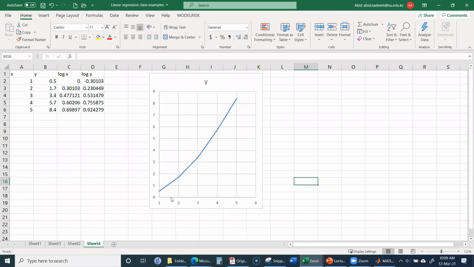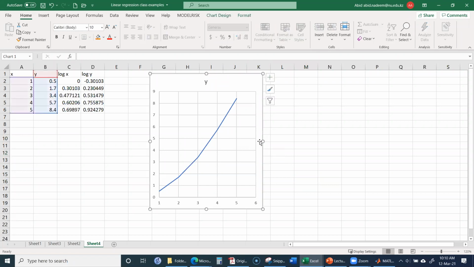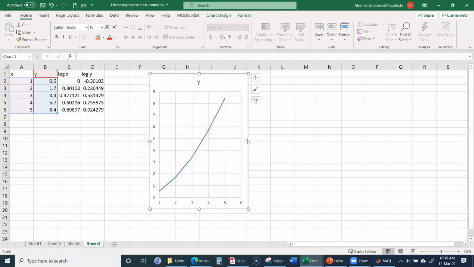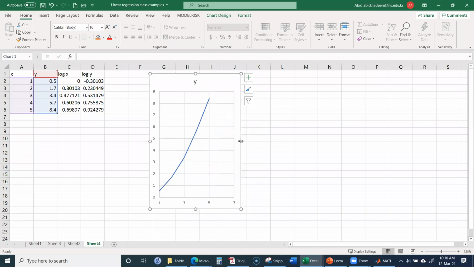Okay, so maybe I can just make it more so that we have these as like squares. Yeah, so it's 6 and 6.